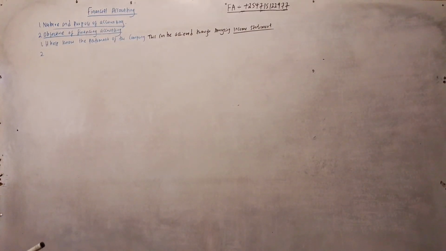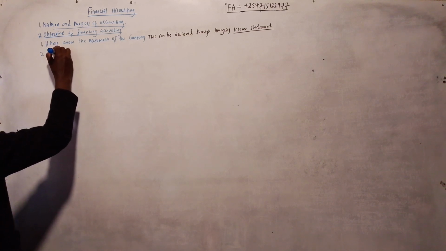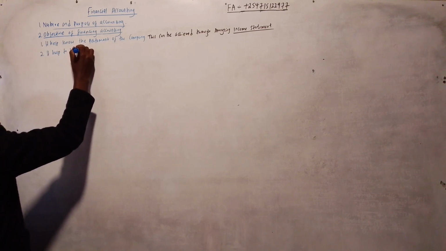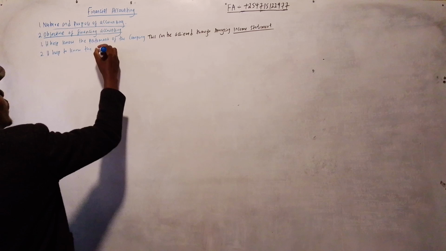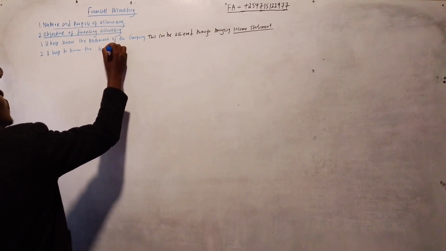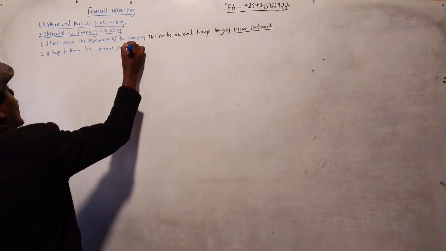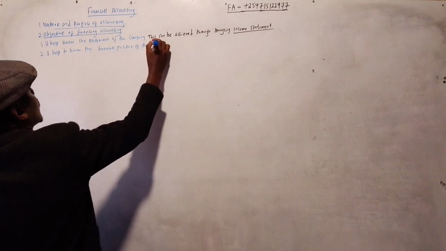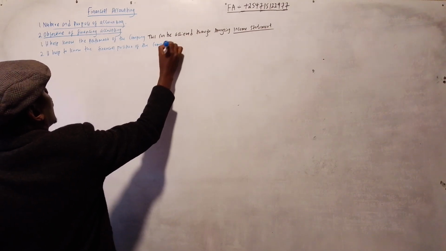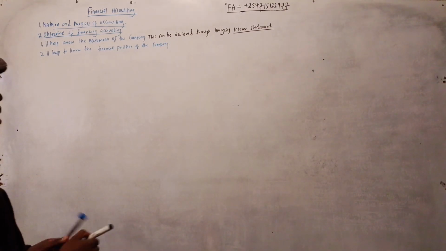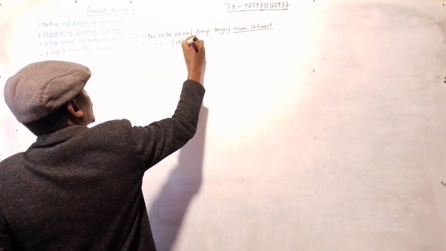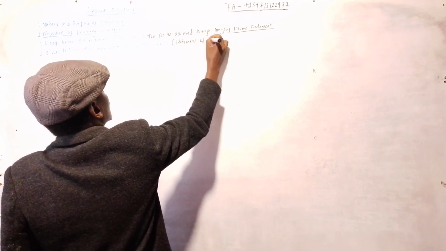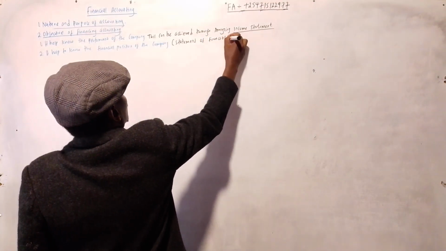Number two, it helps to know the financial position of the company. How can this be achieved? By analyzing the statement of financial position or the balance sheet.